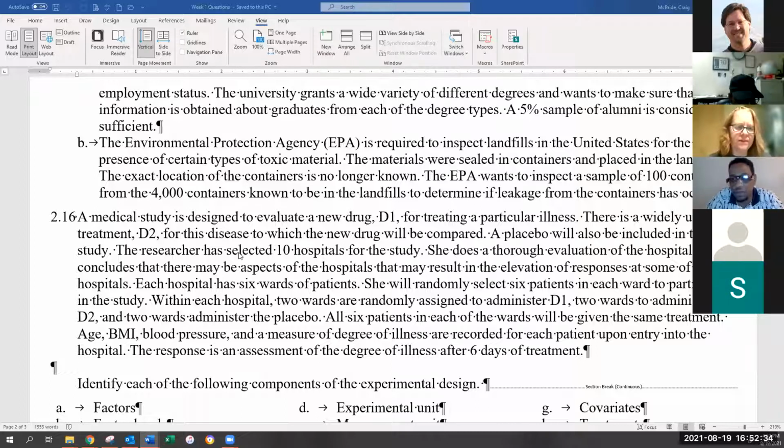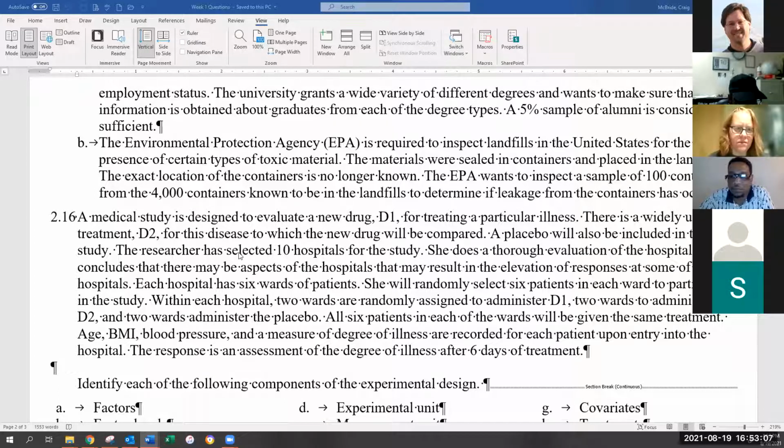I would think that would be more of a confounding variable than a covariate, because the way that's worded, that sounds almost like a voluntary response bias, right? It may result in the elevation of responses at some of the hospitals. So yeah, you could probably argue either way.